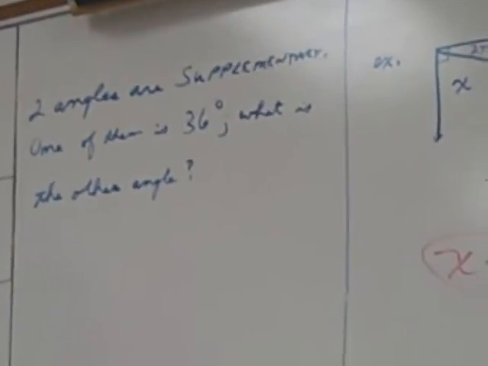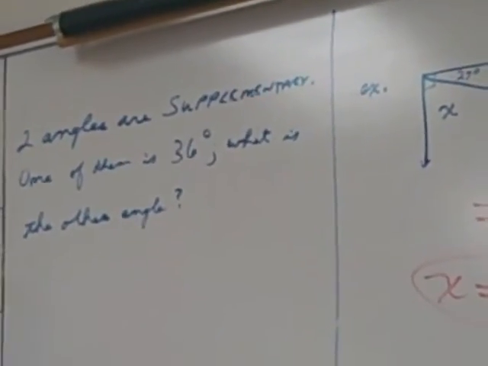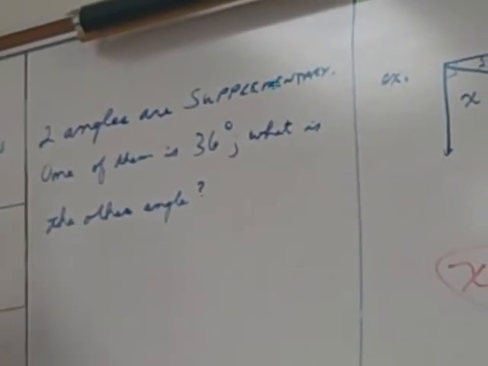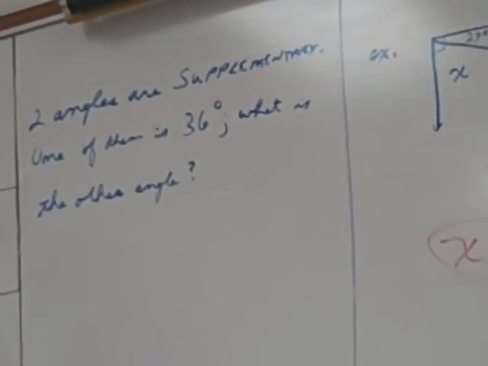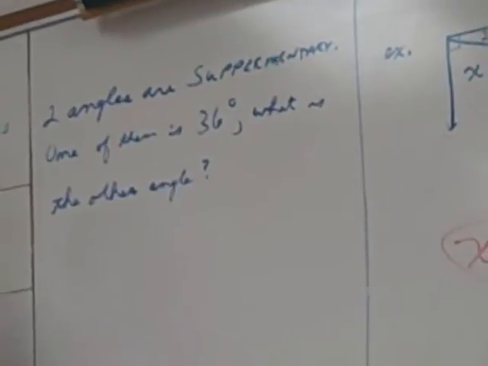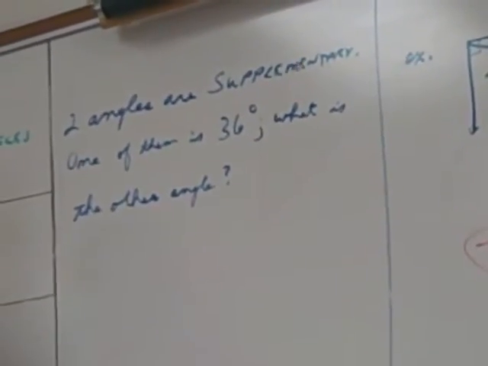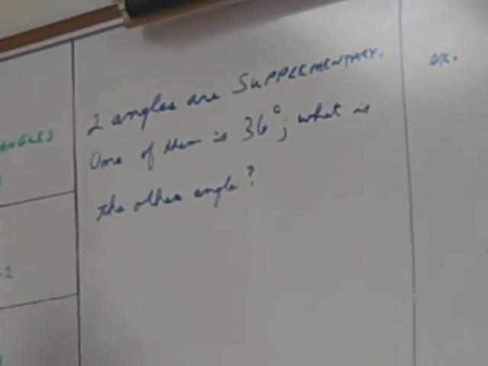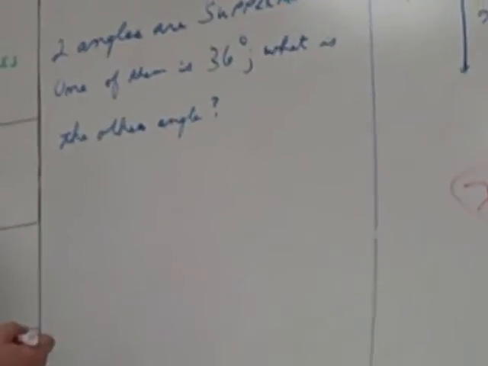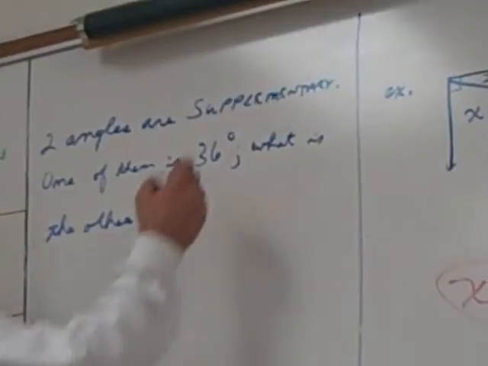Uh-oh, this is nothing but words. You gotta draw it. I don't have to draw nothing. That's a good idea, though, but I don't want to. Read it. What does it say? Two angles are supplementary.